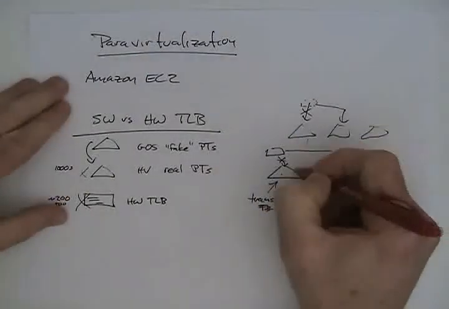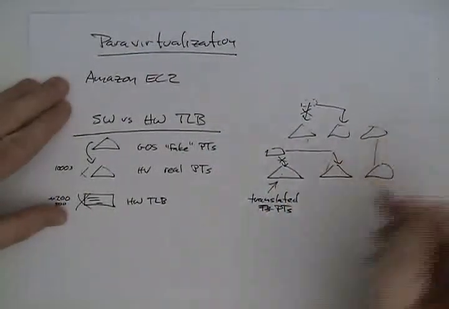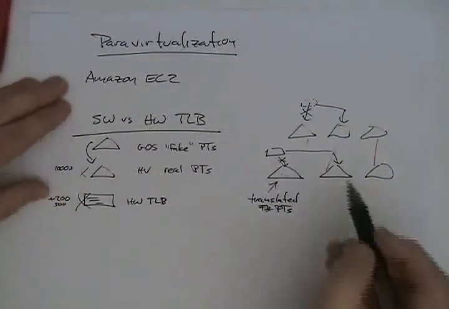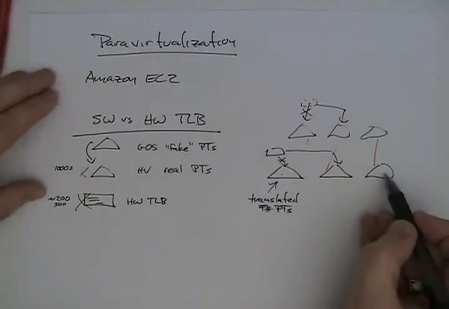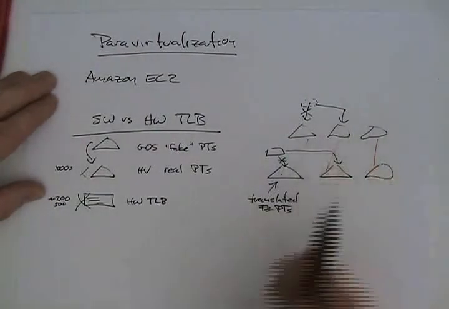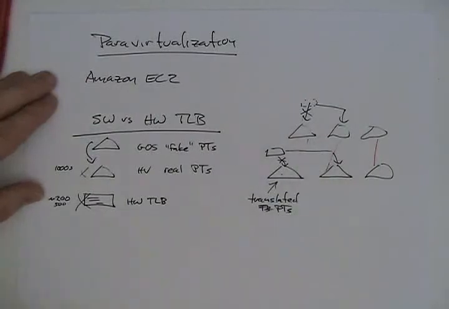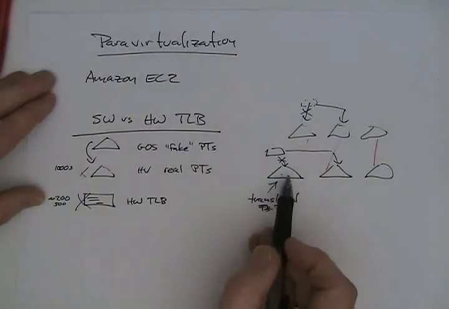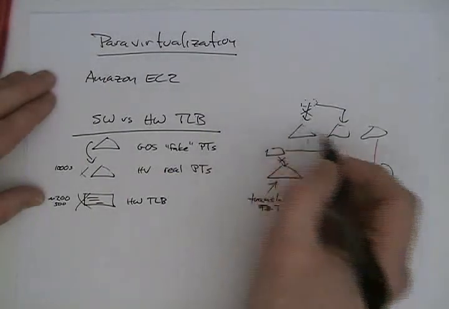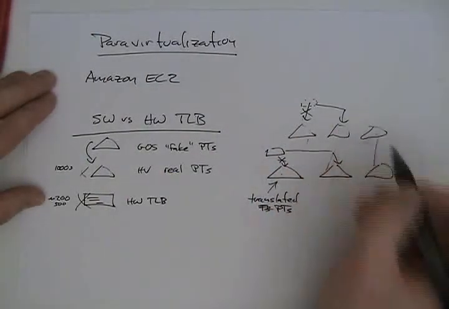Here we've got this correspondence. We're going to keep around the translated page table corresponding to each fake page table. But what that means is we have to make sure that we trap any modifications here.